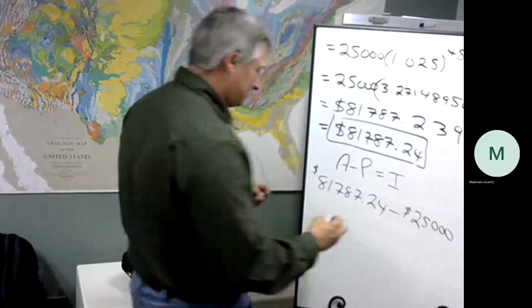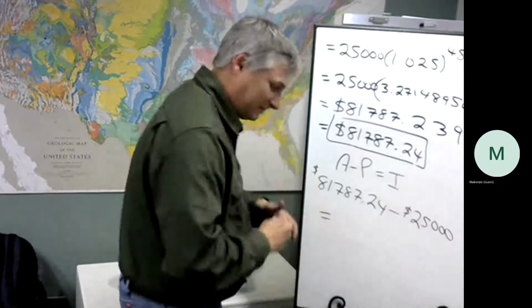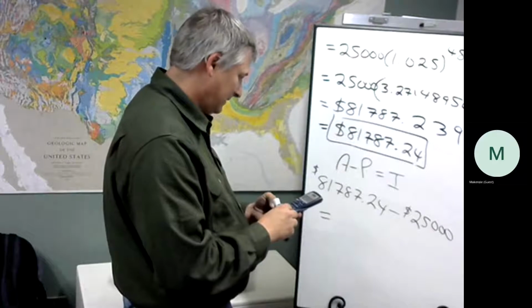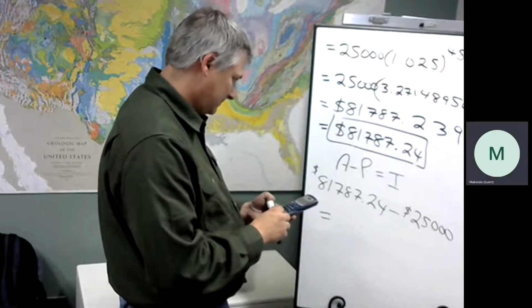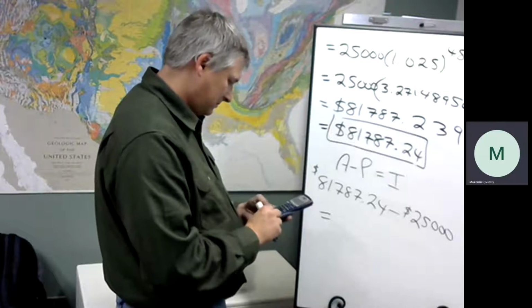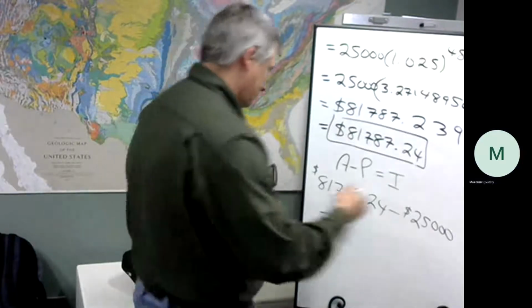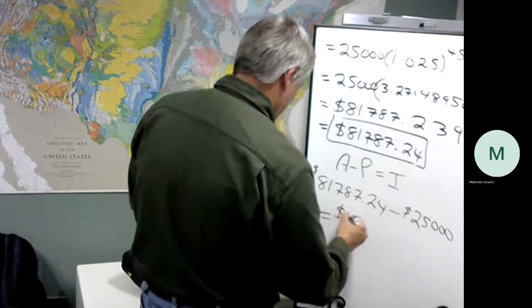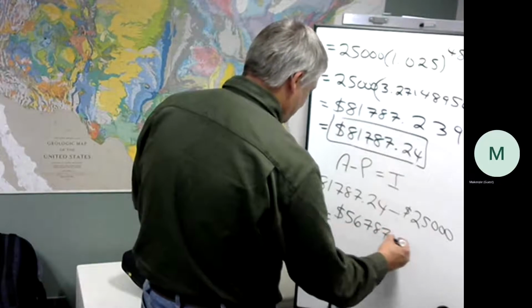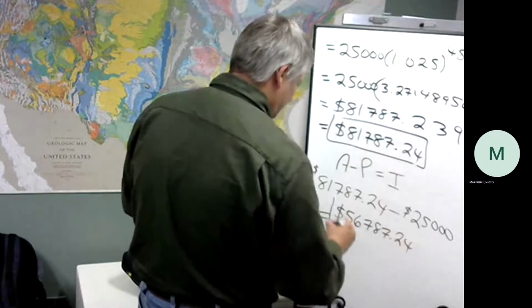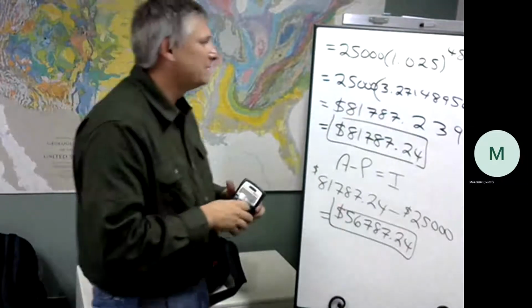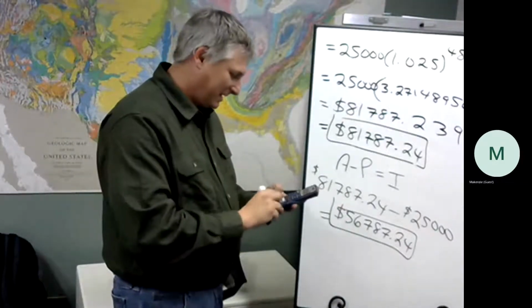And so what we'll get is $56,787.24, which is a lot of interest. But this had a 10% rate, so it's going to be kind of high.